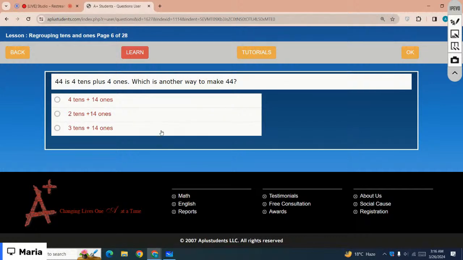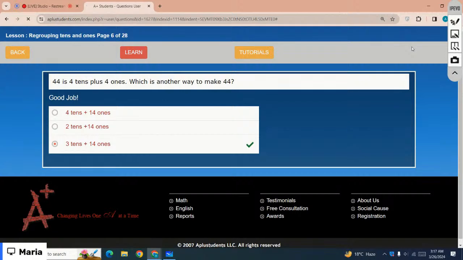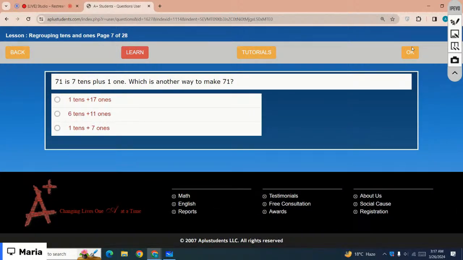The last one is the correct option. 71 is, which is another way to make 71.